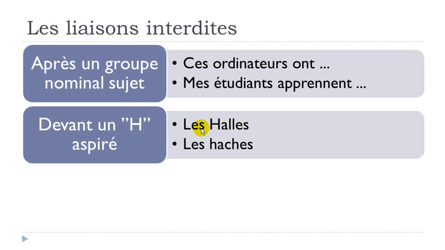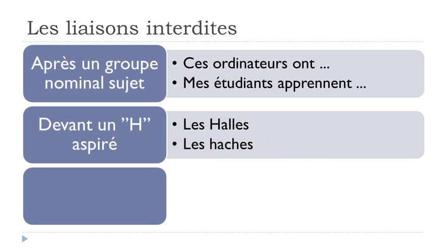So you shouldn't make the liaison, you shouldn't say les halles with a liaison, but you should say les halles. Same thing here. H, it's an axe, and in that case, it's the plural form. Les H. You don't make the liaison.